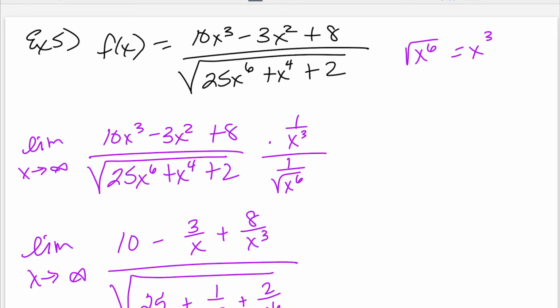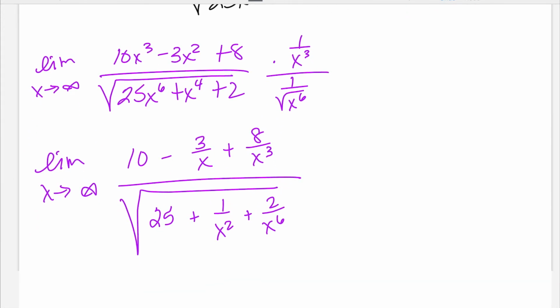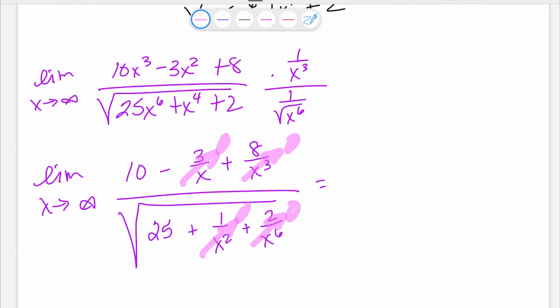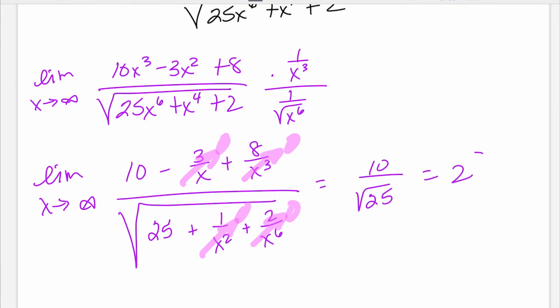We're just taking that x to the 6th as long as it's under the same radical, then you can work with those. So when you take this limit, again, 0, 0, 0, 0. So we have 10 over the square root of 25, so 10 divided by 5, because the square root of 25 is 5, is 2.